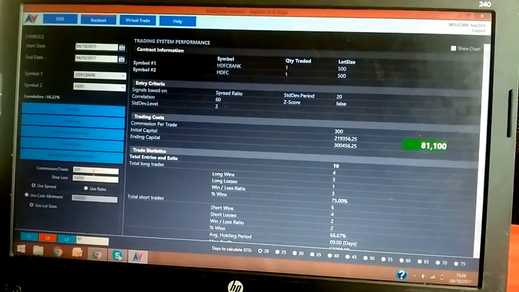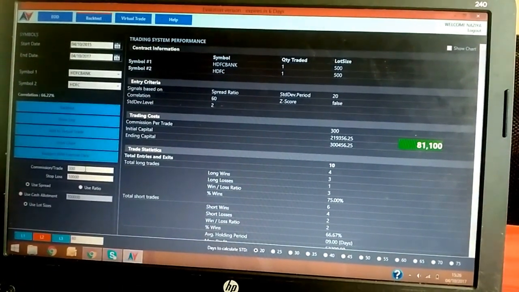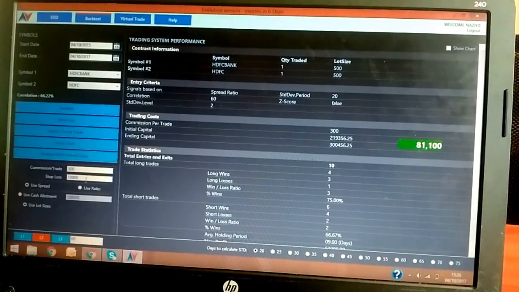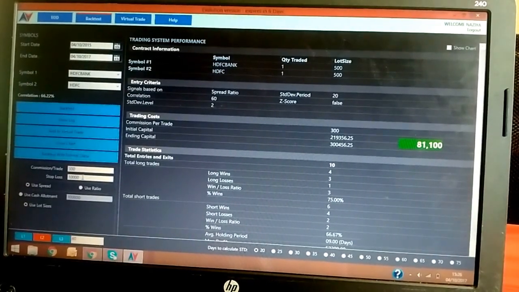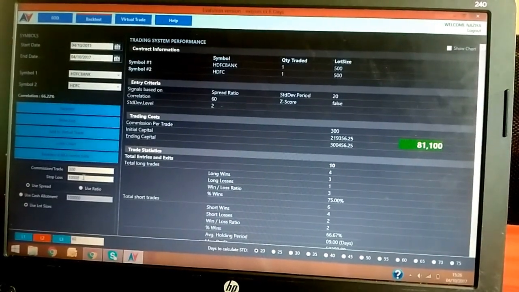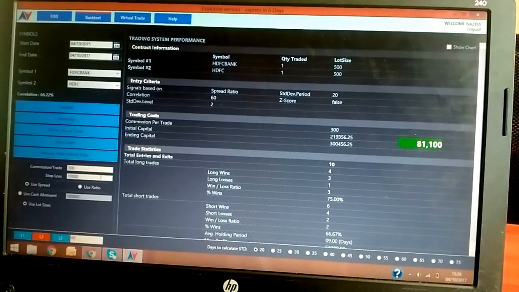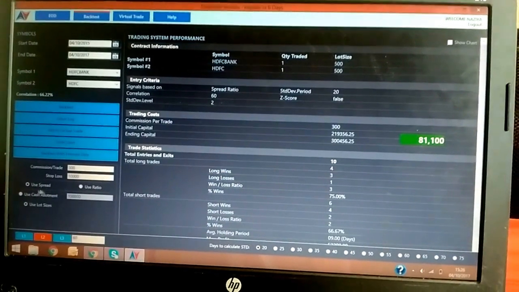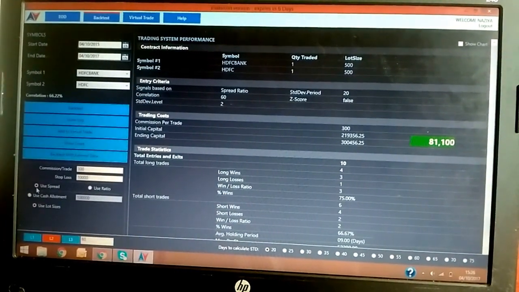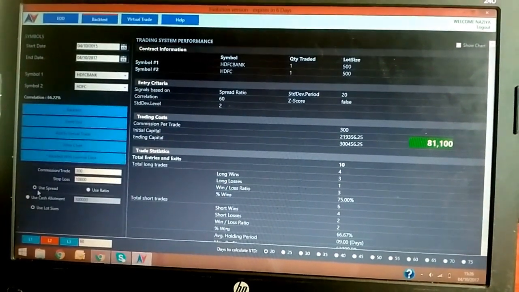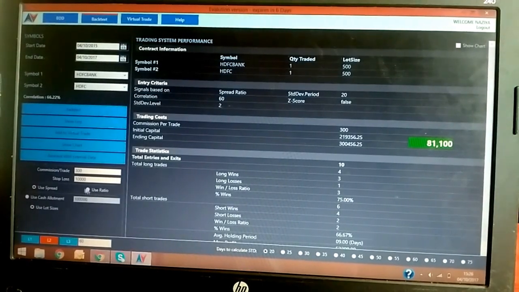Okay, and you need to put commission per trade. By default, you can take 300 rupees, and you can also input stop loss in rupees, 10,000, 20,000, 30,000, how much you can bear. You can also choose whether you want to check the trade using price spread or price ratio.